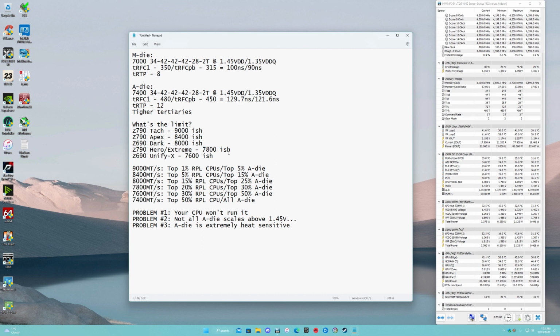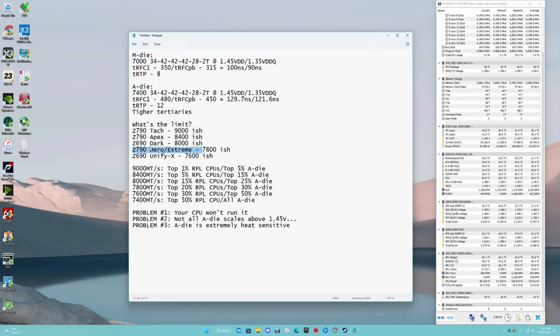To get 7800, you're going to need a binned CPU, number one, because I think Skullbringer was saying for the Hero, for this board, he needed to sample 15 i9s. One of 15 did this on the Hero.